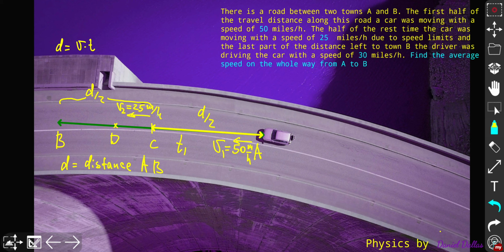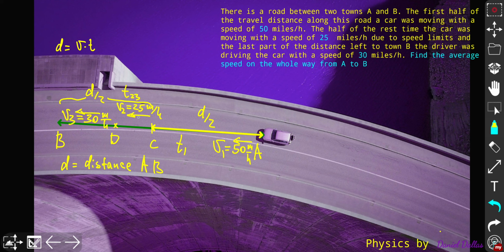Okay, and the next part, it was traveling with the speed V3, 30 miles per hour. The total time taken, we mark as T23, because it comprised 2 intervals. So that's the total time of traveling.